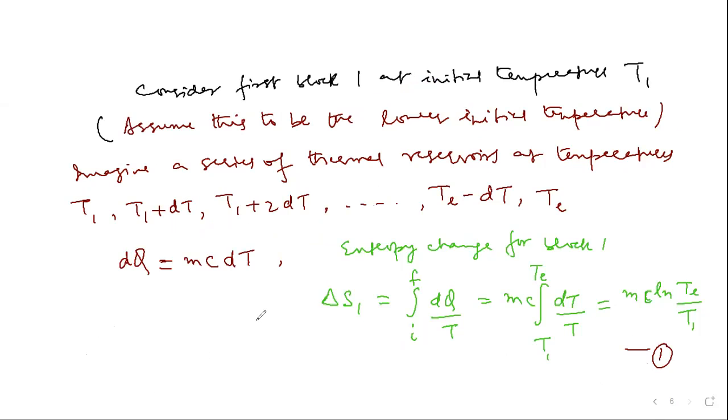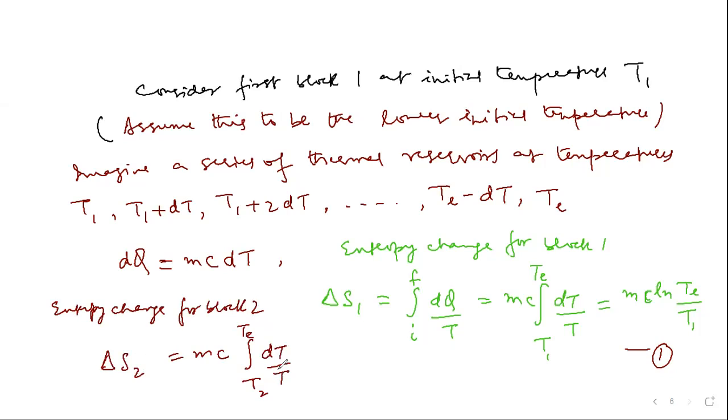So the entropy change for block 2, say written as delta S2, is MC integral from T2, the initial temperature of block 2, to TE, the final equilibrium temperature of both blocks, dT by T, which will be equal to MC natural logarithm of TE by T2.